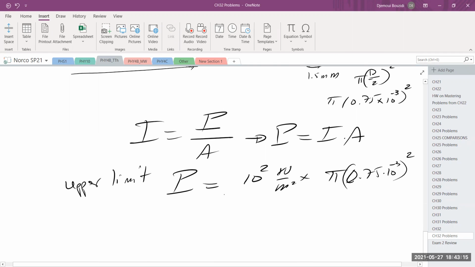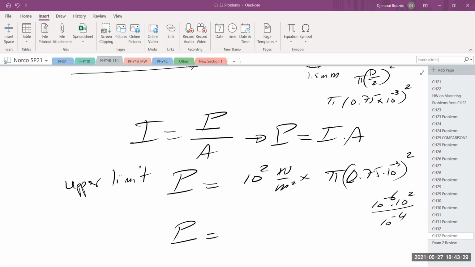Obviously, I have the powers here: I have 10 to the negative 6, and I have 10 to the power 2, so it's going to be 10 to the negative 4. But then I have 0.75 squared times pi. So the power cannot exceed pi times 0.75 squared.